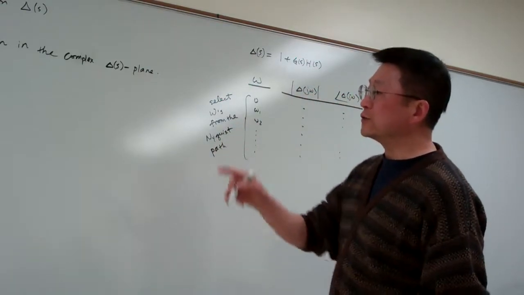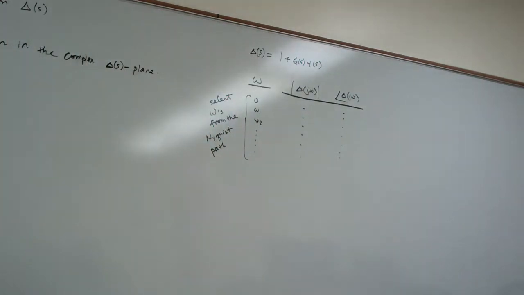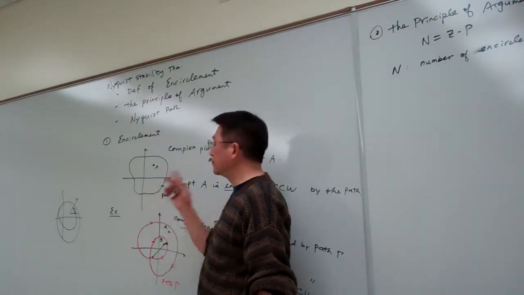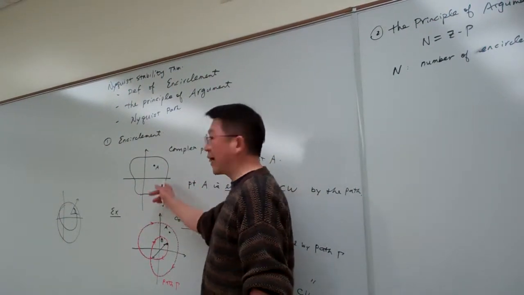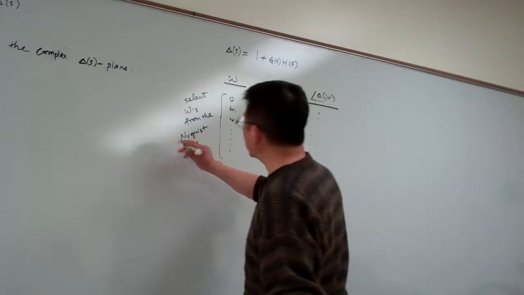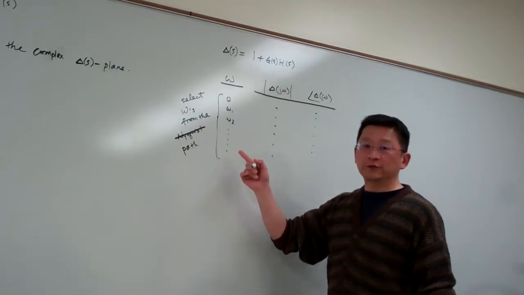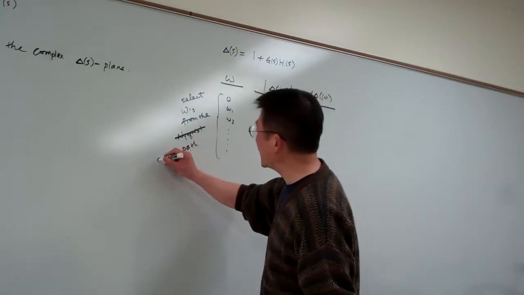I'm going to define the Nyquist path in the following, but basically this is a path. We haven't gotten there yet, so for now, you select from the defined path.